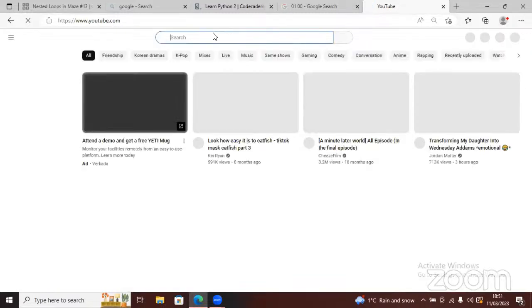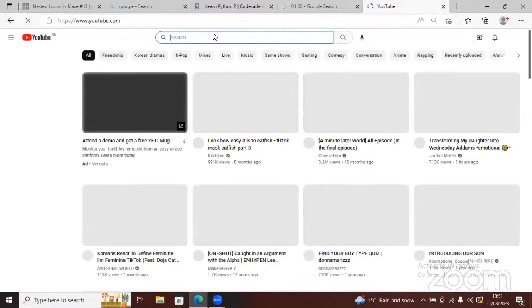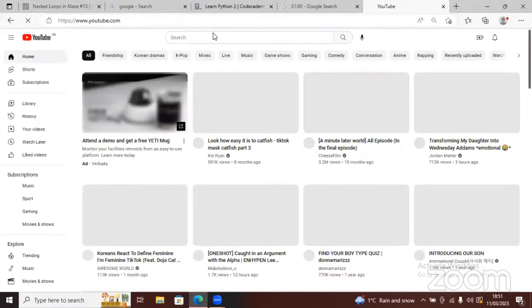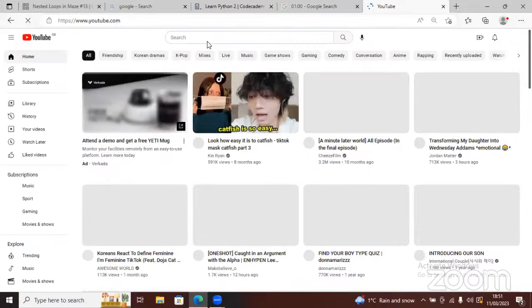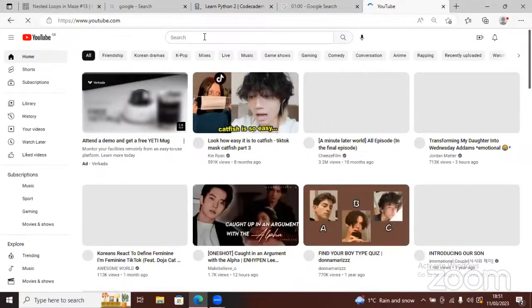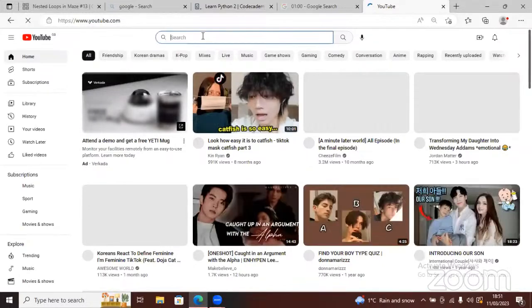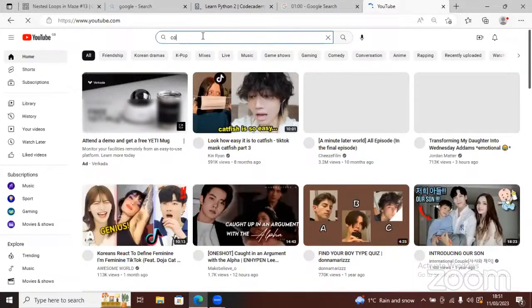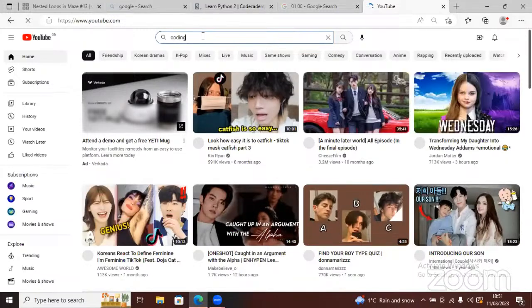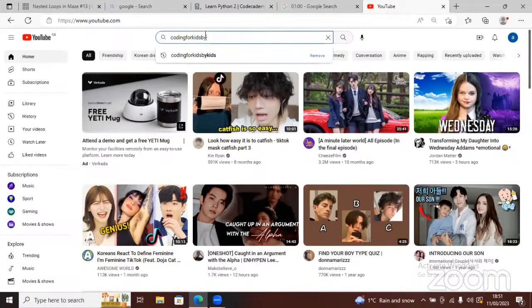Then search for Coding for Kids by Kids. I sent the link. Search for Coding for Kids by Kids. So can you type Coding for Kids by Kids and press enter?